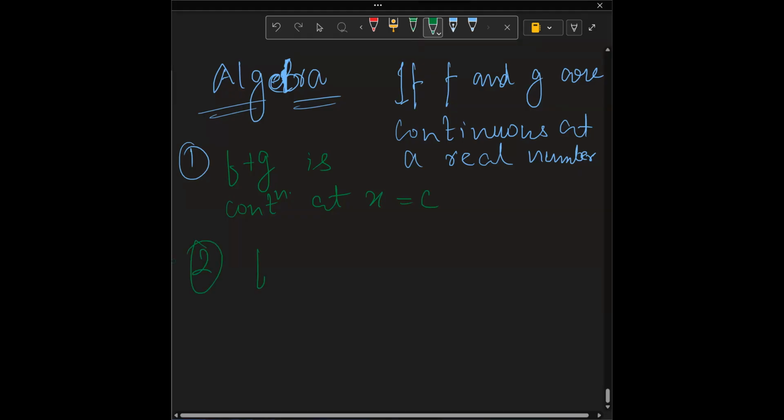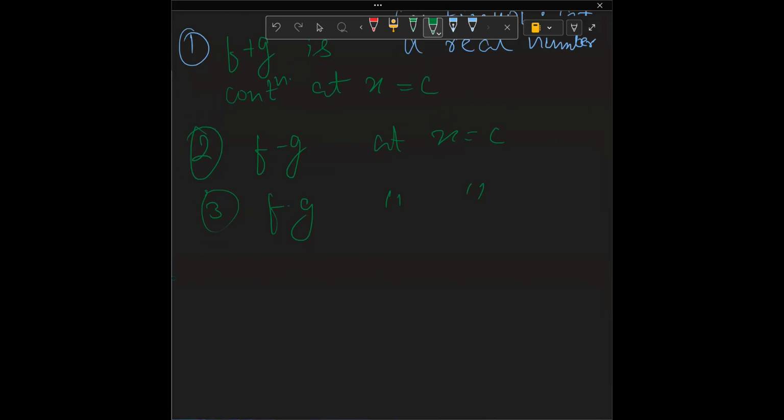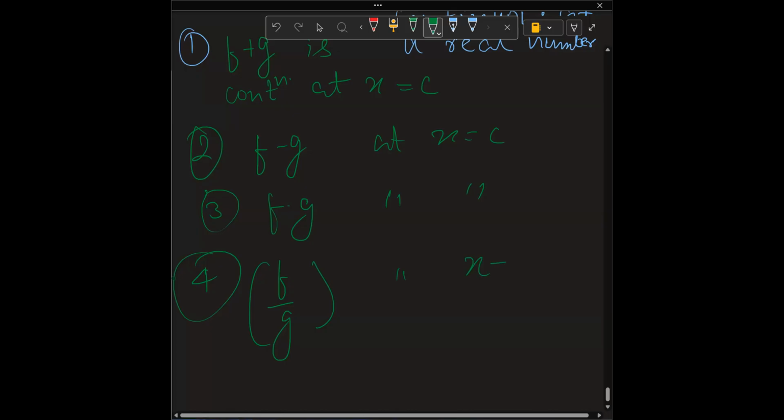The second one, f minus g at x equals c. The third one, f dot g at x equals c. And the fourth one, f over g at x equals c, provided c should not be equal to 0.